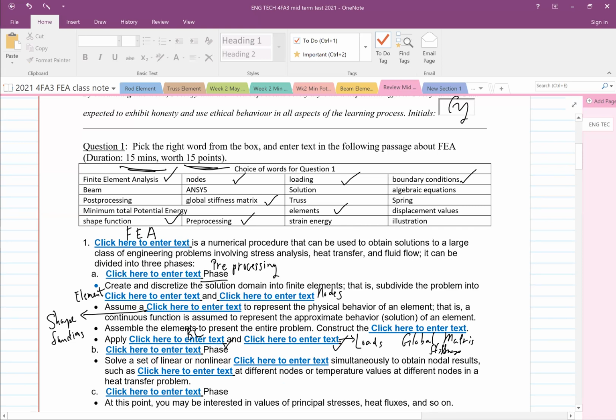After pre-processing, it comes to the solution stage.